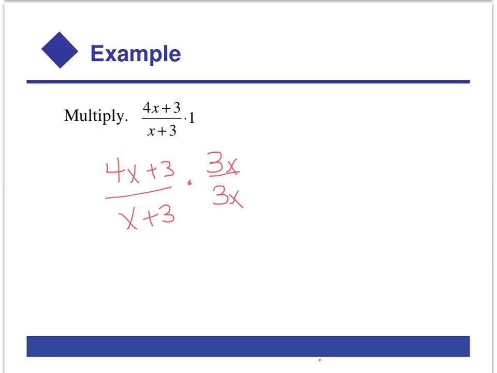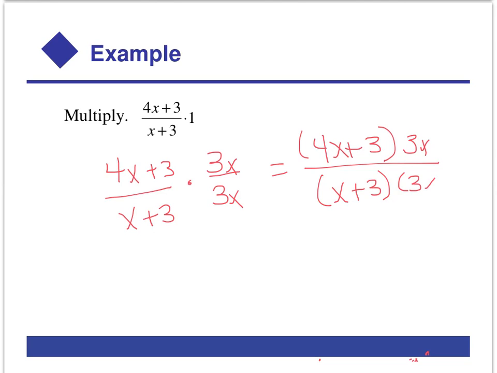That would simplify to 1, and that would leave us with 4x plus 3 times 3x over x plus 1 times 3x. We just arbitrarily picked 3x. Anything could be 1. We could have said x over x. We could have even said 10 over 10. We just wanted to simplify to 1. So that is an equivalent fraction.